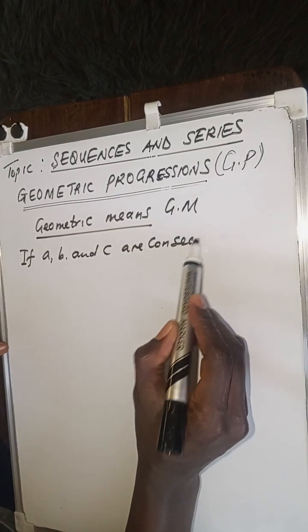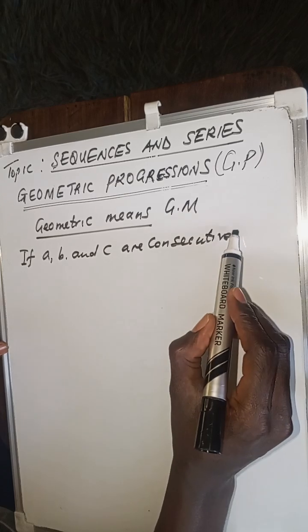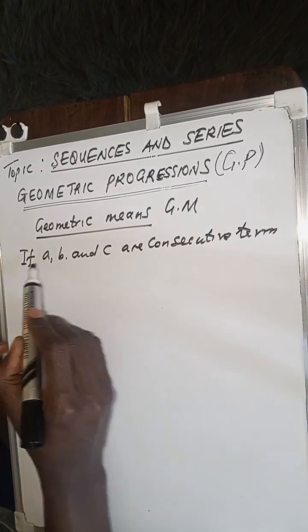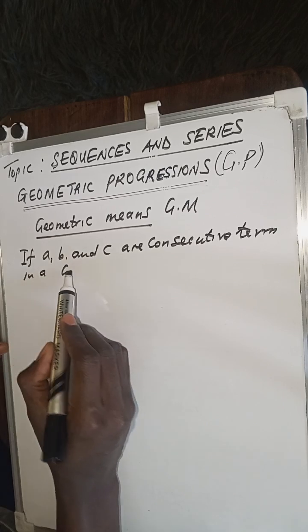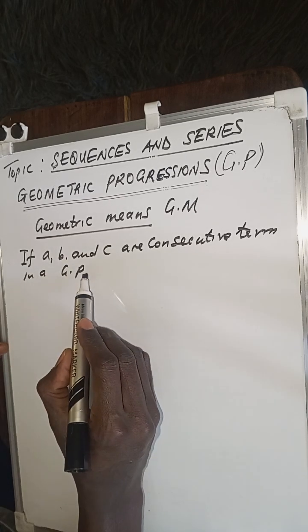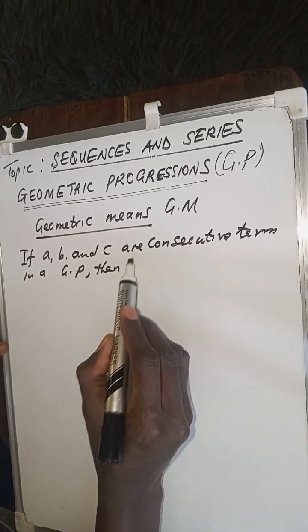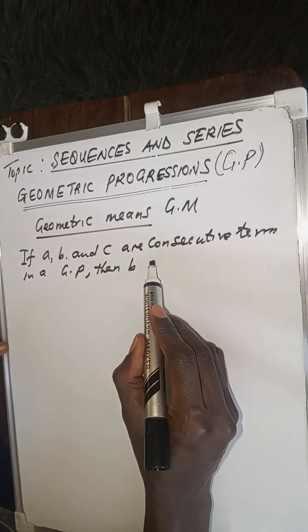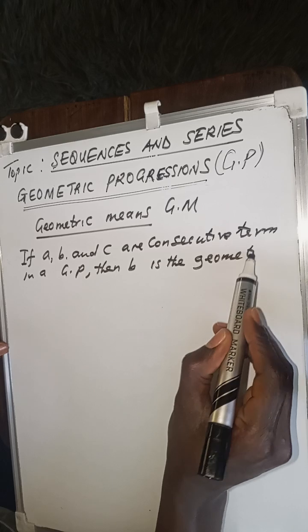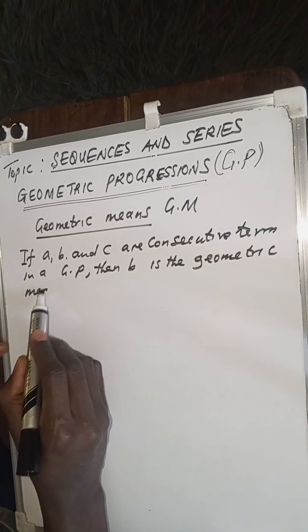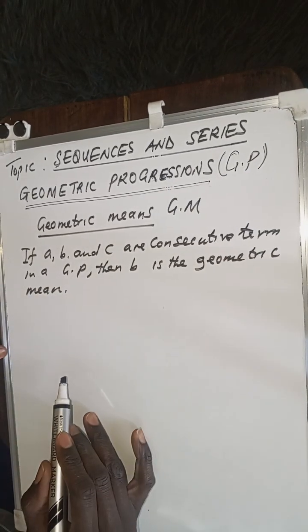Remember what I said when I say consecutive terms, I mean the terms are following each other, consecutive terms in a geometric progression. Then this B is the geometric mean. That is what basically we mean.